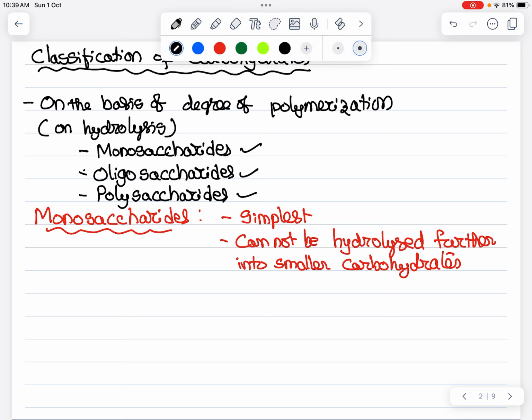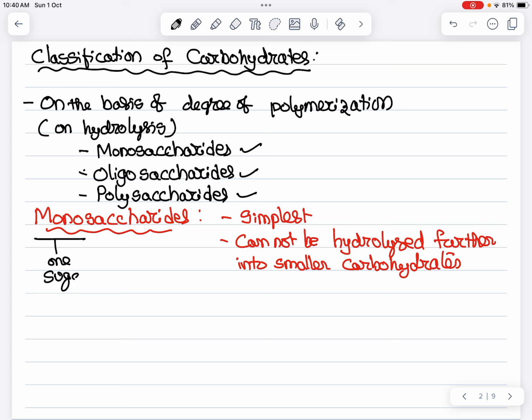Here we know that mono means one, which shows the presence of only one sugar unit. These are the building blocks of disaccharides and polysaccharides. Most monosaccharide names end with the suffix "ose", like glucose, fructose, galactose, ribose. These are the examples.